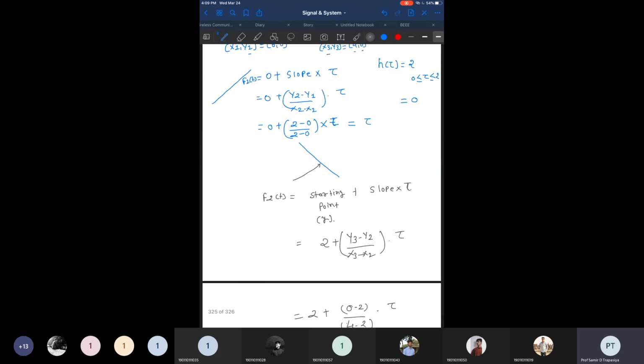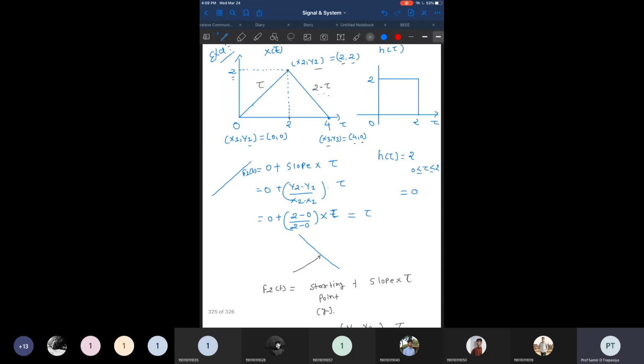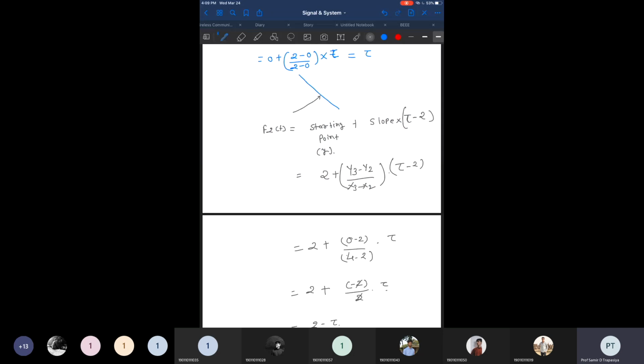This slope is actually starting from point 2, right? X-axis point 2. So this we have to multiply not with tau, it is tau minus 2. Because if the signal is shifted to the point 2, the signal is not starting from t, it is shifted starting from 2. So it means it is shifted by 2. So rather than t, we use the t minus tau. Here it is tau, so we use the tau minus 2.